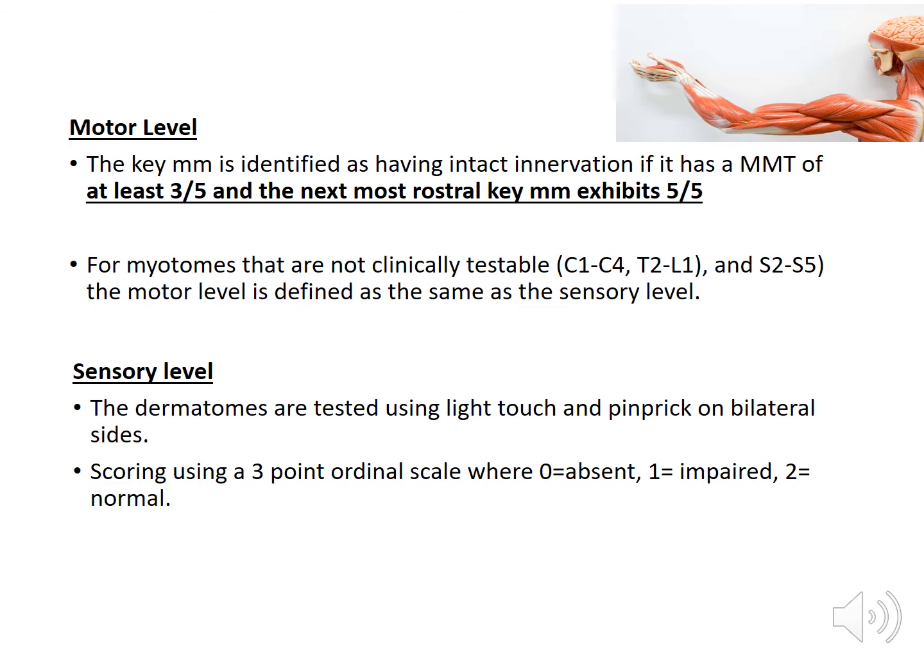In order for that patient to be classified as an L2 spinal cord injury, every muscle that is rostral, or the next most rostral key muscle, has to show a 5 out of 5. Therefore, the abdominals are a 5 out of 5, and all the muscles of the upper extremity are 5 out of 5, in order for that patient to be classified as an L2 spinal cord injury.